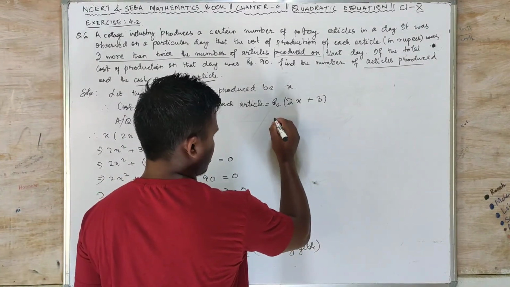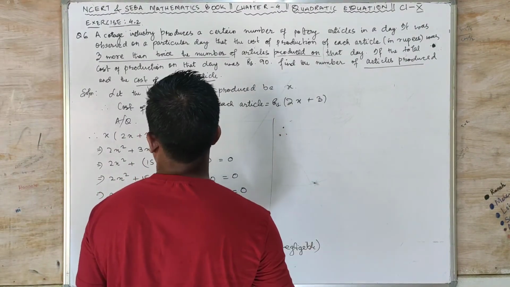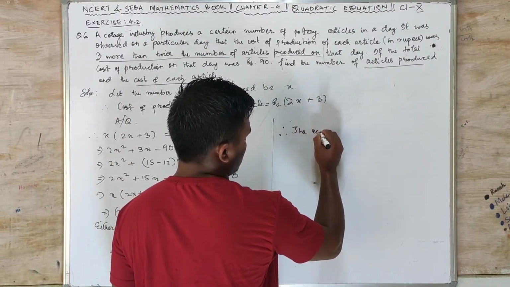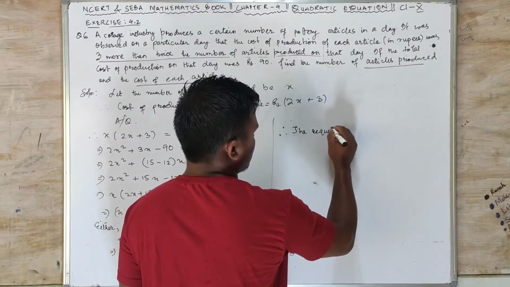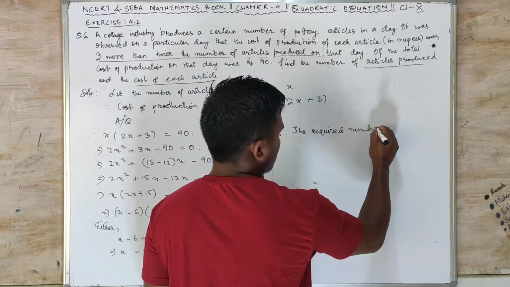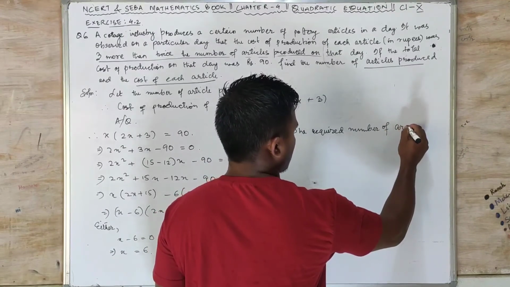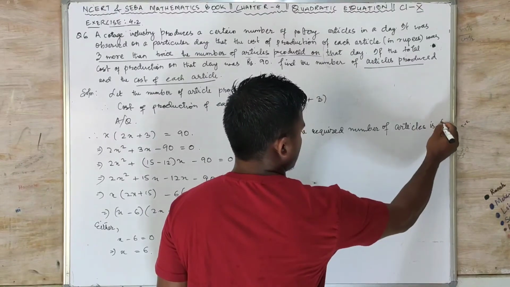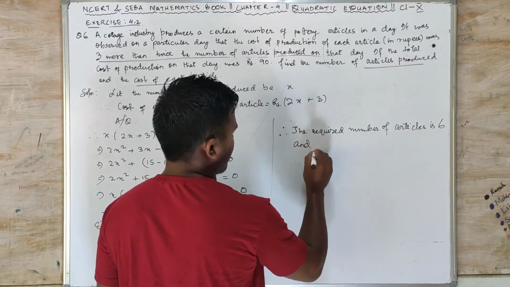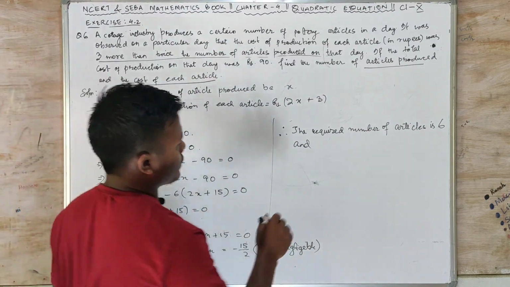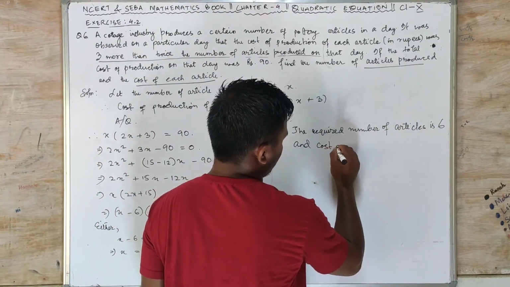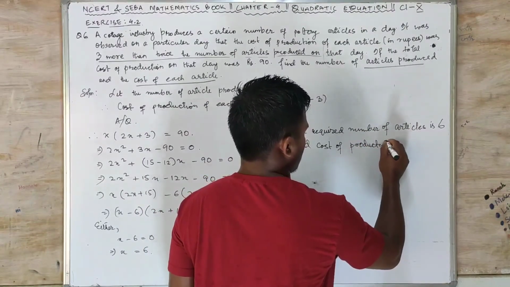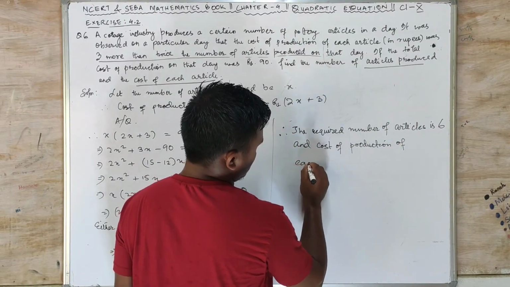Therefore, the required number of articles is 6, and the question also asked for the cost of production of each article.